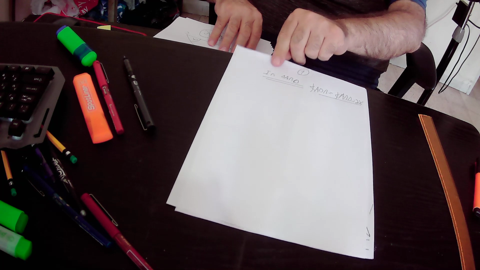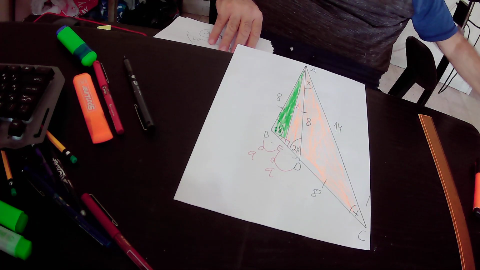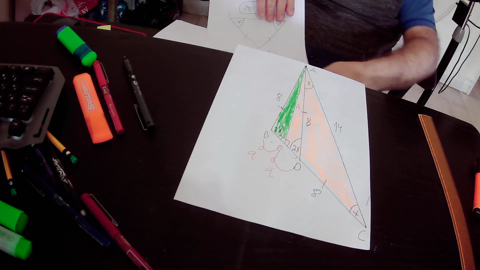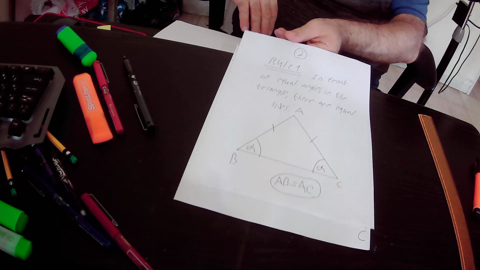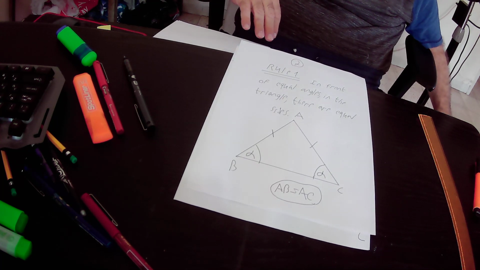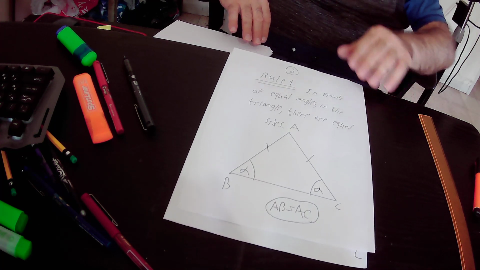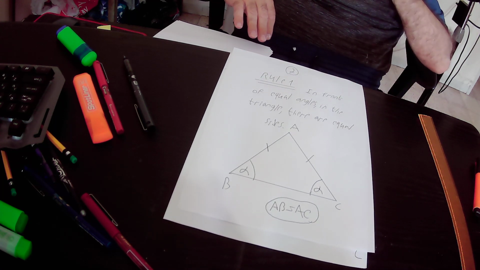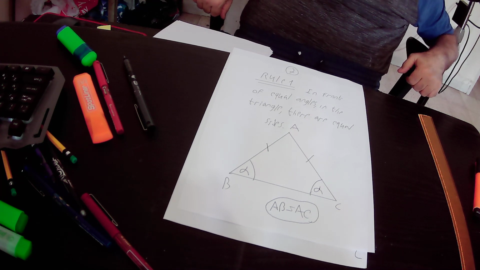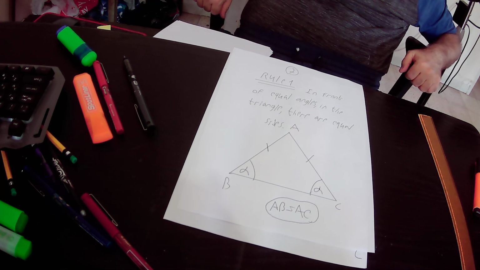And we have rule number 1, about a triangle that has two angles that are equal to each other. According to rule number 1, in front of equal angles in the triangle there are equal sides.